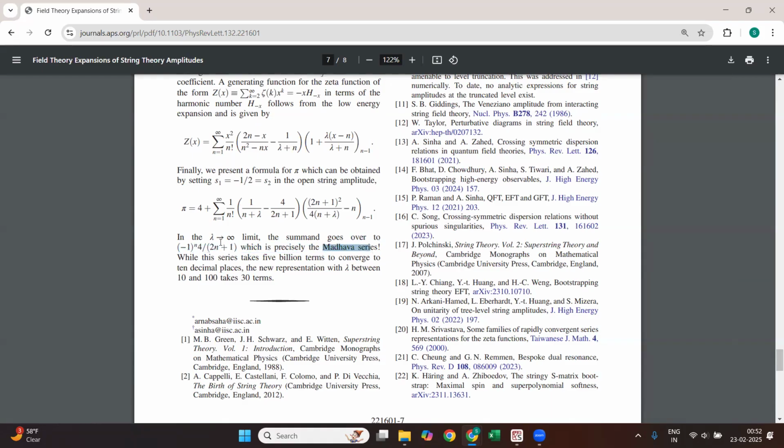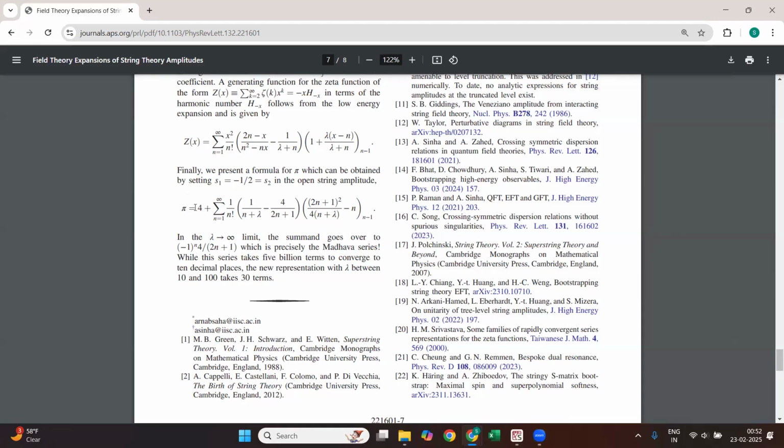But Madhava series is considered to be not very accurate for calculating pi, which has been mentioned over here that the series takes about 5 billion terms to converge to 10 decimal places of pi. But this representation is so wonderful that with the values of lambda between 10 to 100, it takes about 30 terms to converge up to 10 decimal places.